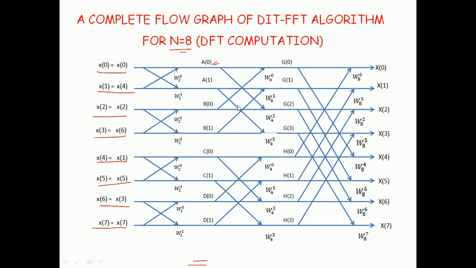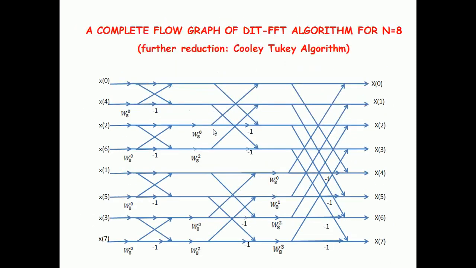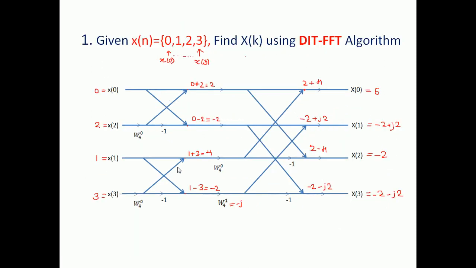Totally 16 registers are required for N equal to 8 to hold the intermediary results. Remember this. Okay, for N equal to 8. So this is the final structure we have to use to compute the DFT of a particular input signal x of n. Now we'll take one example.